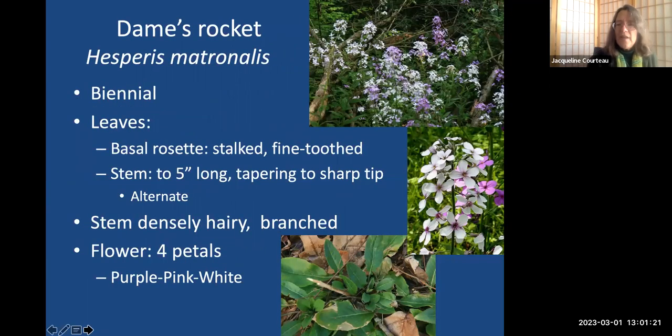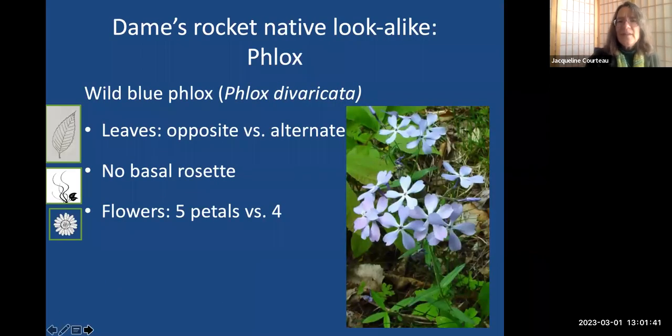Dame's rocket, another biennial with a really distinctive basal rosette, big tall plant. The flowers change in color over time. It's really pretty distinctive and very aromatic. If you walk by it, you'll be able to tell. The main thing that people confuse it with is our little native wild blue phlox, Phlox divaricata.